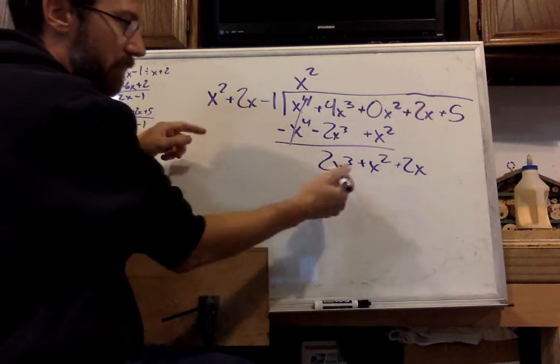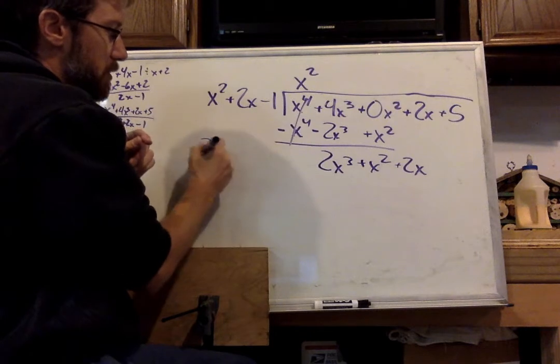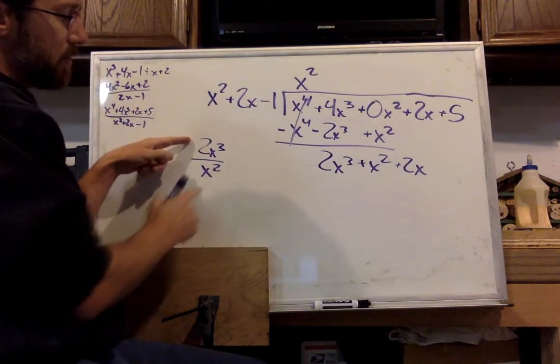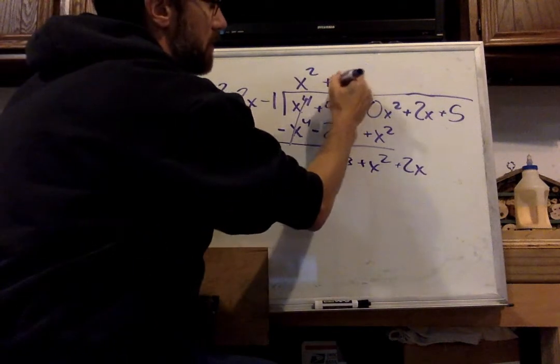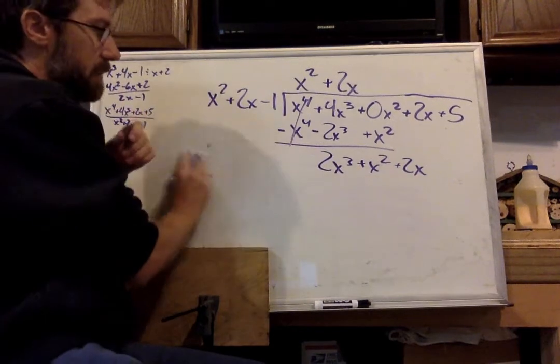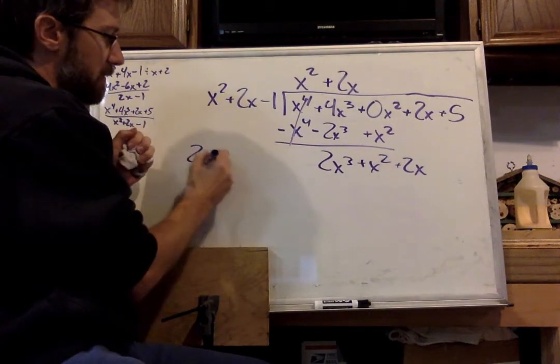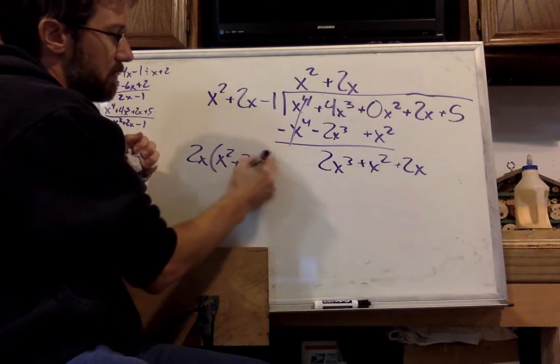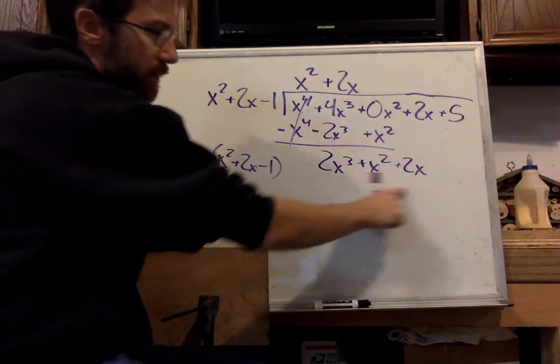Okay, now first term divided by first term. 2x cubed over x squared is 2x. So plus 2x. Now I can multiply 2x, what I just divided, into this, and rewrite that underneath here.